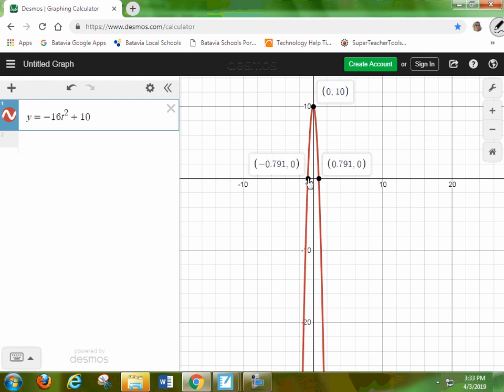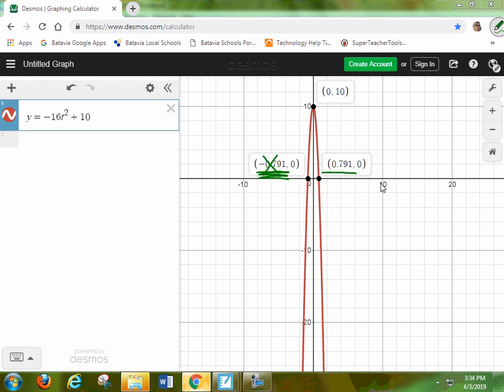So in this case, you'll notice that we have two zeros, but if my domain is time, does it make sense that that nut is going to hit at a negative 0.79 seconds? Hopefully you thought to yourself, no, time can't be negative. So even though this is a 0 in our graph, it doesn't make sense in a real life kind of situation.